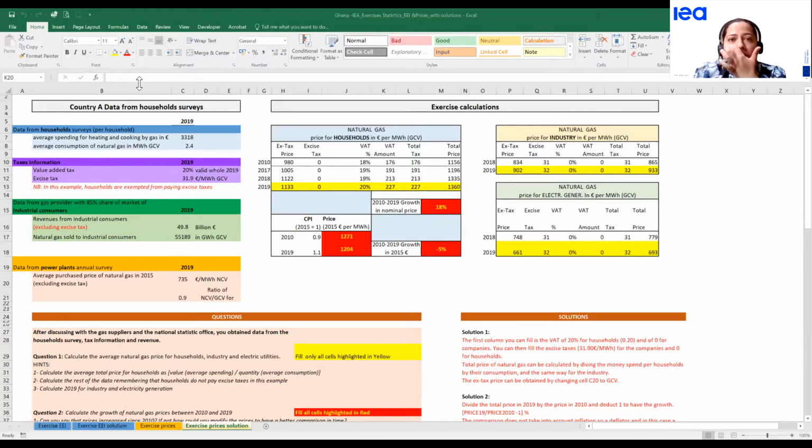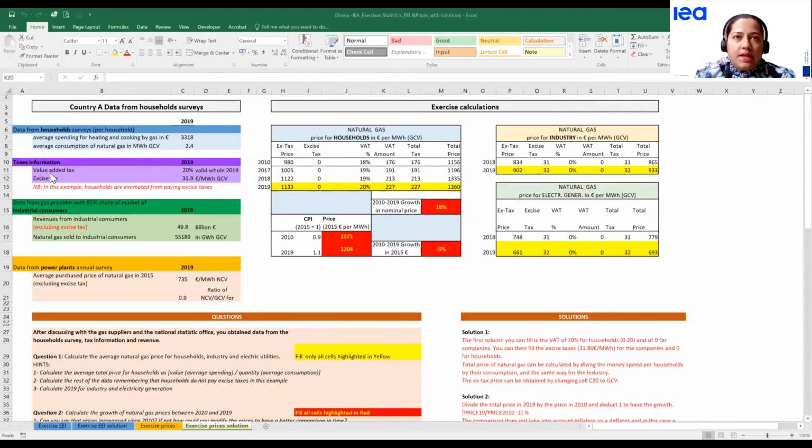The first question was, calculate the average natural gas price for household, industry, and electric utilities. It tells us to fill only the highlighted yellow cells for household, industry, and electricity plants, and here you have to use the information provided on the left side.